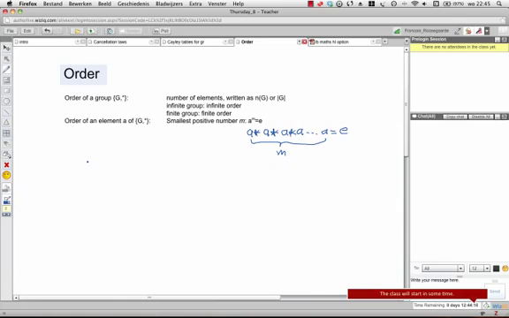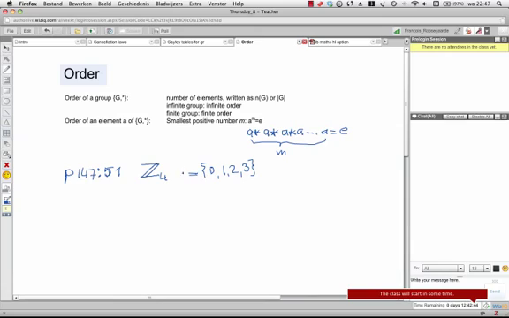Now, to give you a little bit of feeling how you can work with this, I would like to show you an example. This example is from page 147, example number 51, and I start with the set Z4, which means I have the first 4 elements of Z being 0, 1, 2 and 3.